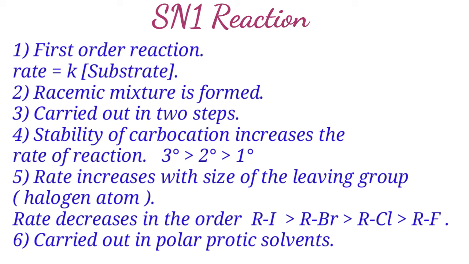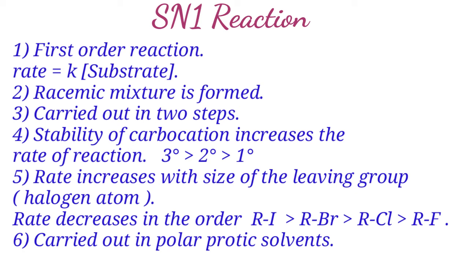Fourth point, as the stability of carbocation increases, the rate of reaction also increases. In the case of alkyl halides, the stability order of carbocation is tertiary halide greater than secondary halide greater than primary halide greater than methyl halide. Fifth point, as the size of halogen in haloalkane increases, the rate also increases.